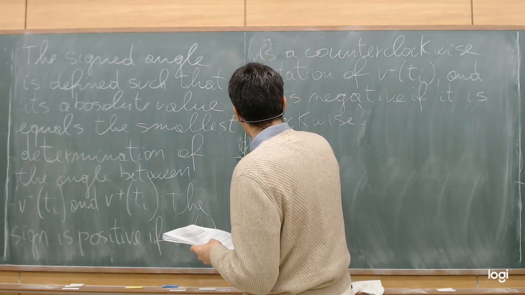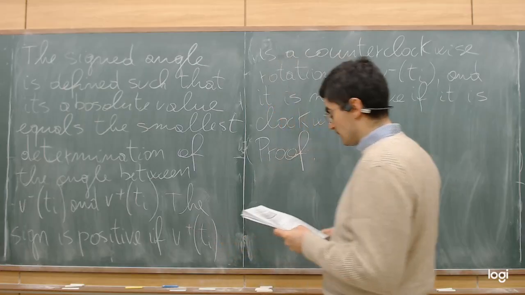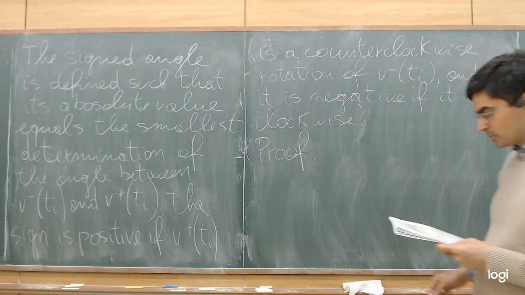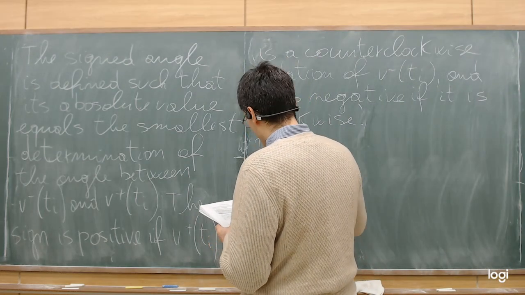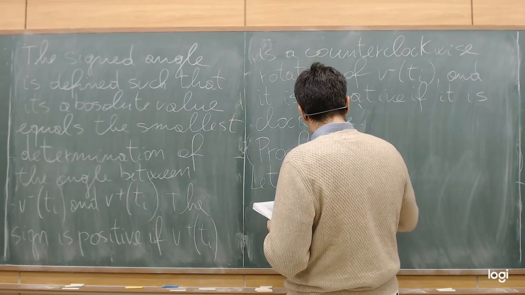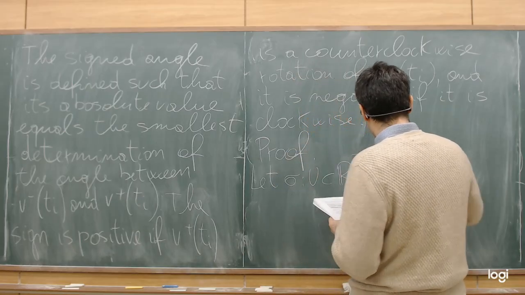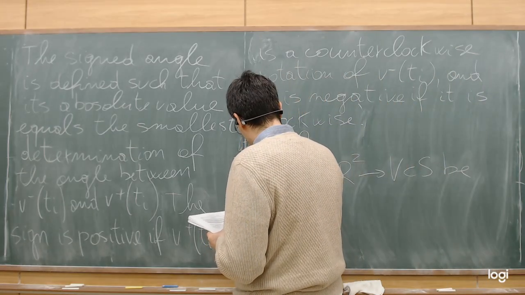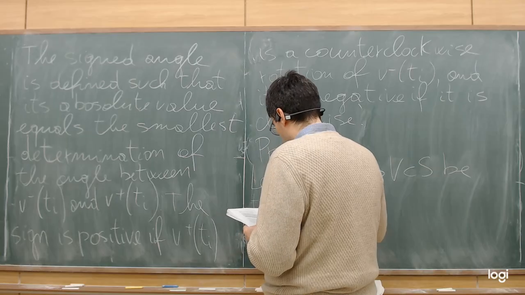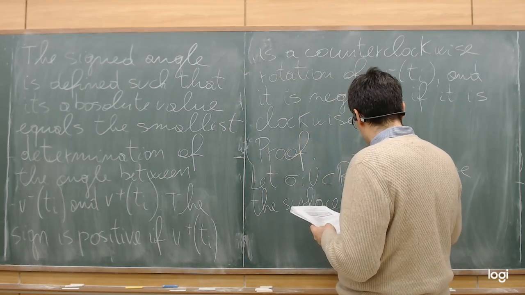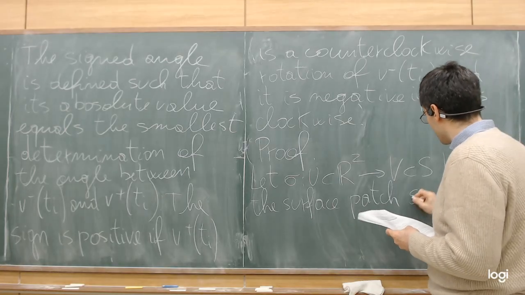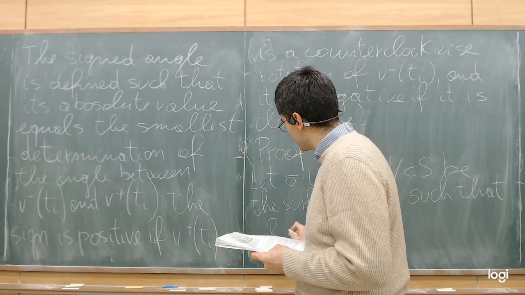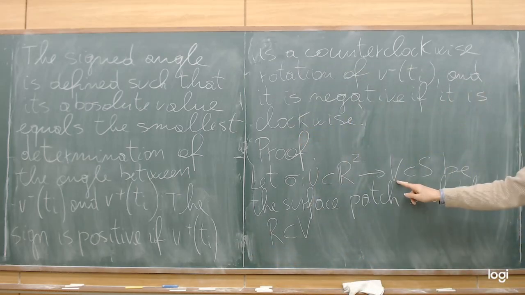Okay, let's see the proof of the theorem. So let sigma be the surface patch such that R is contained in V. So V is the image of sigma.